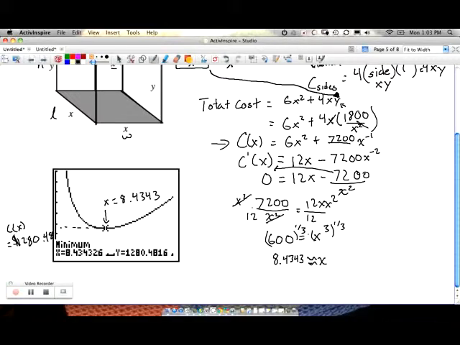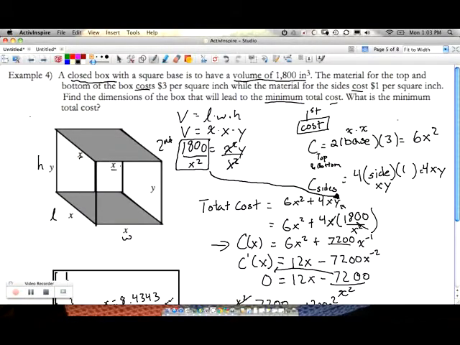So that is c of this number is equal to approximately $1280.48. All for a box. $1,200 for a box. That's pretty crazy there.